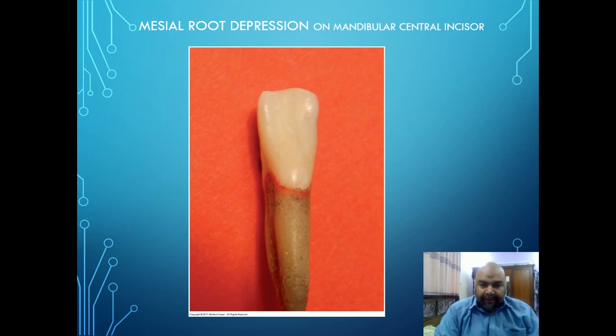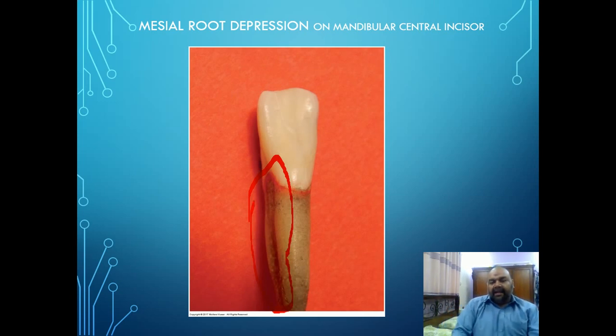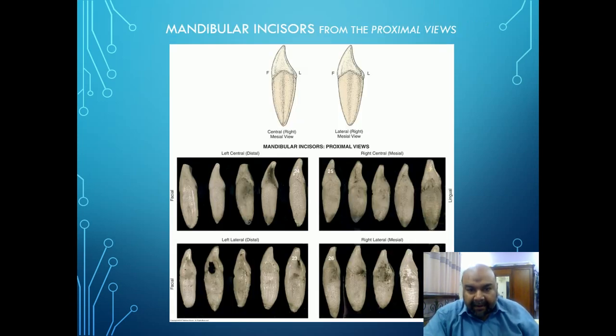If you view this mandibular central incisor from the mesial aspect, you can see this longitudinal depression. If it's on the mesial side, it is known as the mesial longitudinal depression. While here, it is also present on the distal side. From the proximal view, you can see this depression much more clearly.